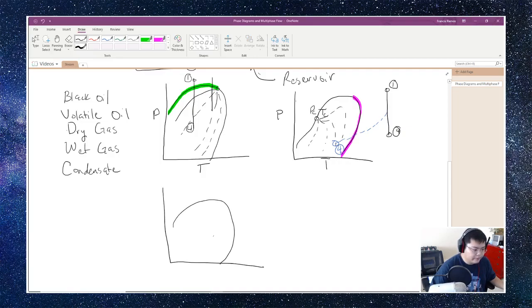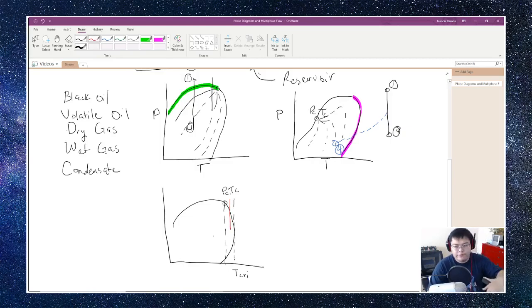Okay. Now we know this right here is the cricondotherm. And let's say this is the critical point, right? Your reservoir, I'll mark it here in red, is here.